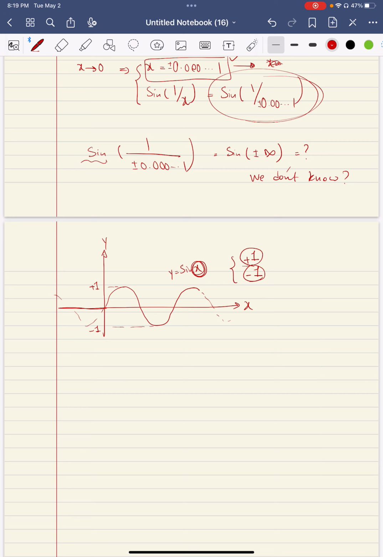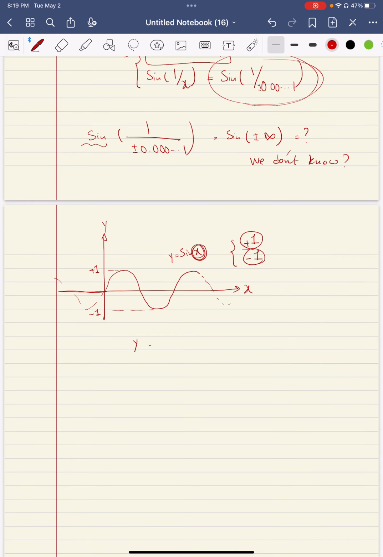Is that right? So you know that whatever you put, if it is a positive infinity or a negative infinity, it would be between negative 1 and positive 1.